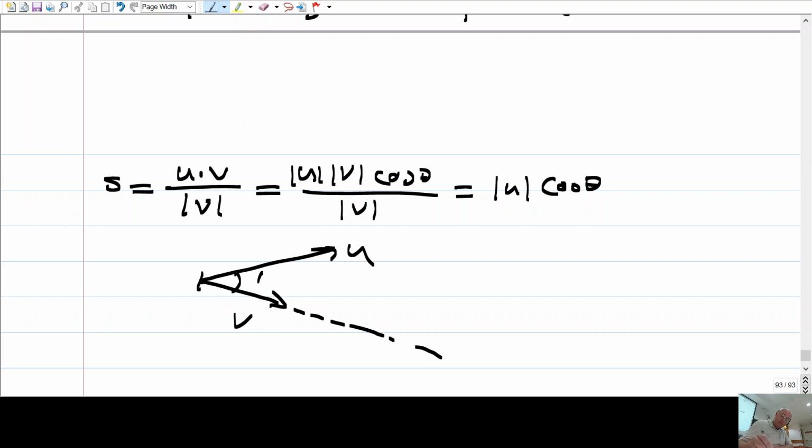You look at the angle between them and then just cosine theta times length of this. So it is nothing but just the length of this vector. So length of this is just s.